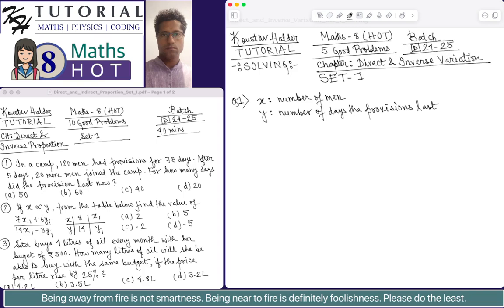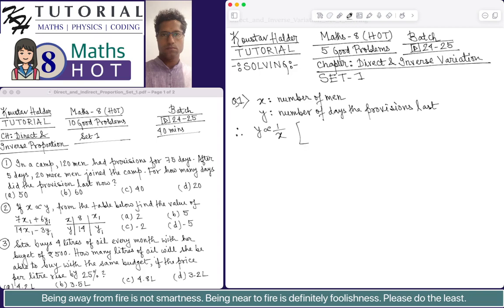Okay. Now definitely we know that these two quantities x and y are inversely proportional to each other, or are in inverse variation. So we can say that y varies inversely as 1 by x.